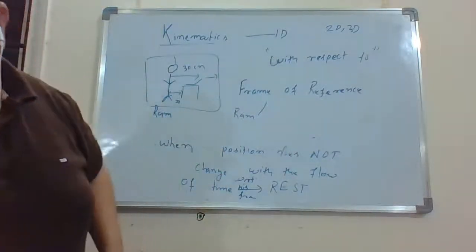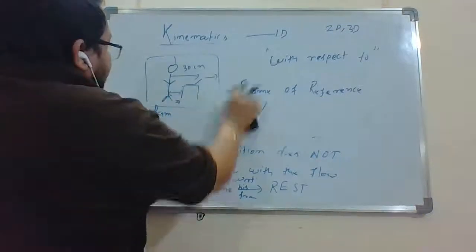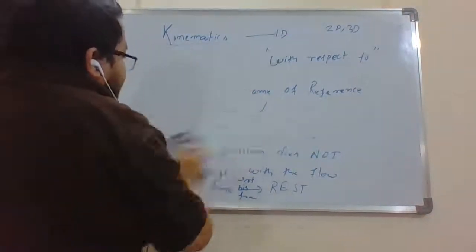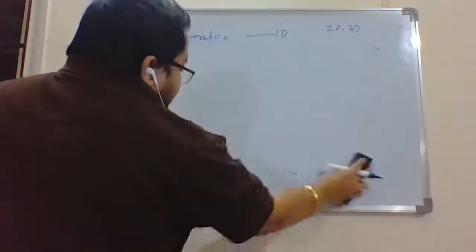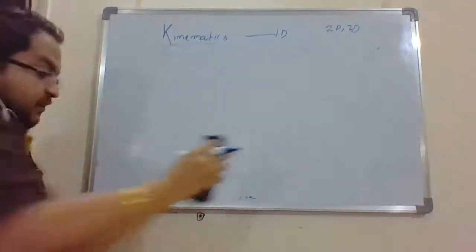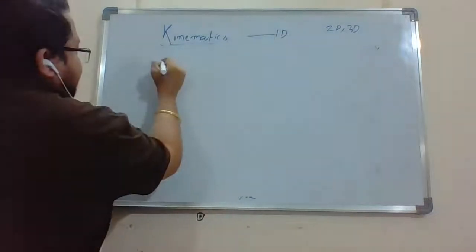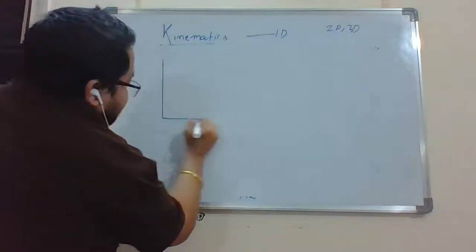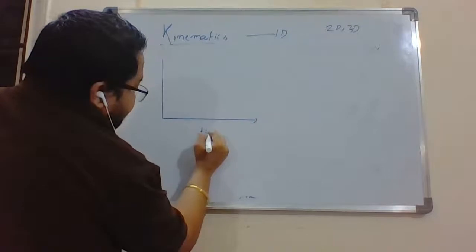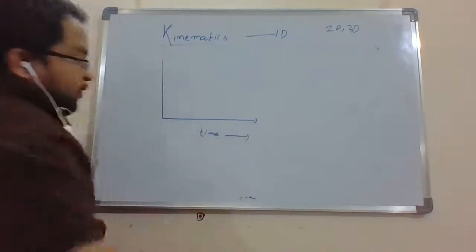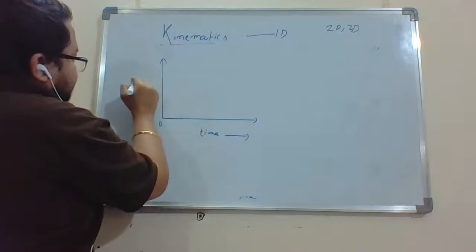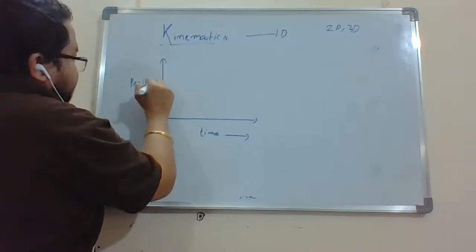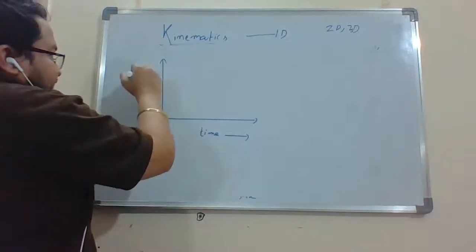Let us try to understand this a little better. If I were to draw a graph to indicate this, this is how it would look. Say I represent time, which is the independent variable, along the x-axis, and I represent position, which is the dependent variable, along the y-axis.